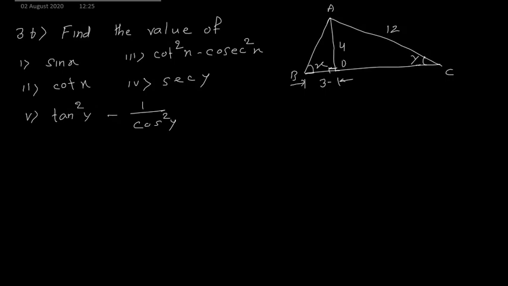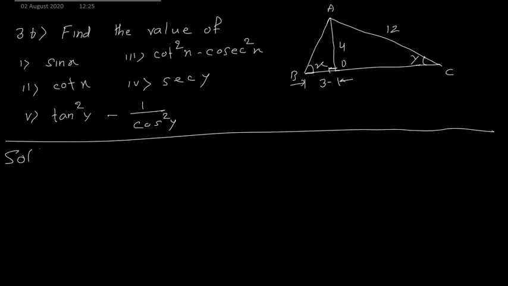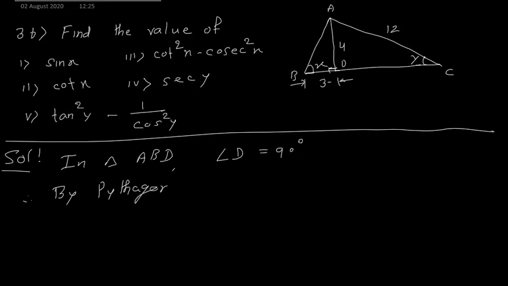So what I will say is that in triangle ADB, or in triangle ABD, your angle D is 90 degrees. So therefore you can say that by Pythagoras theorem, in triangle ABD, AB square is equal to AD square plus BD square.